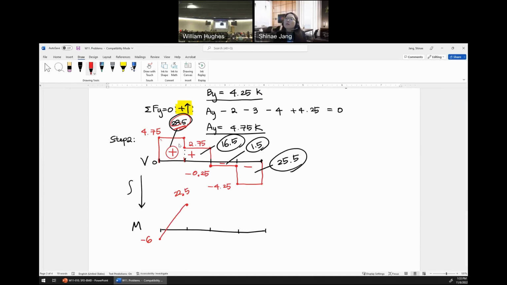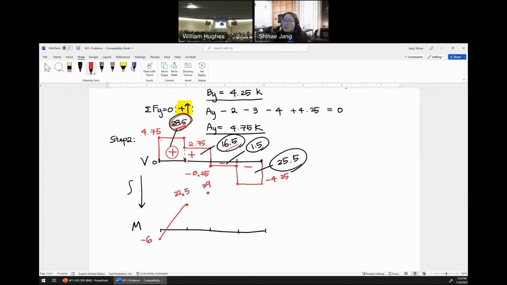Okay, now moving on to the next part. The second part, the change of bending moment is 16.5, increased, right? So let me erase this one and write down here. Increased by 16.5, so that is 39.